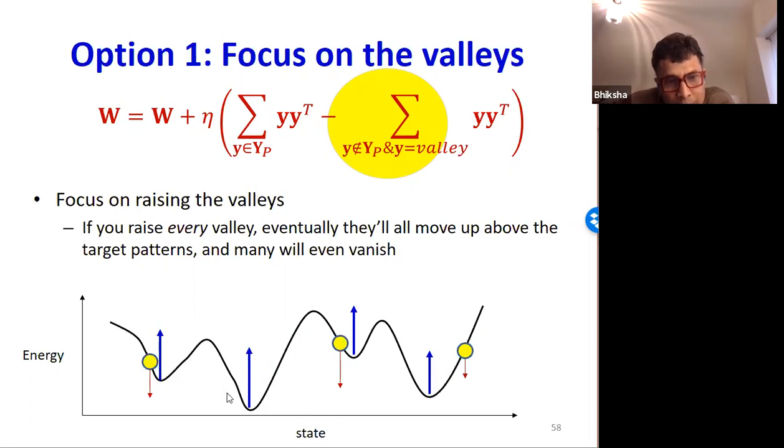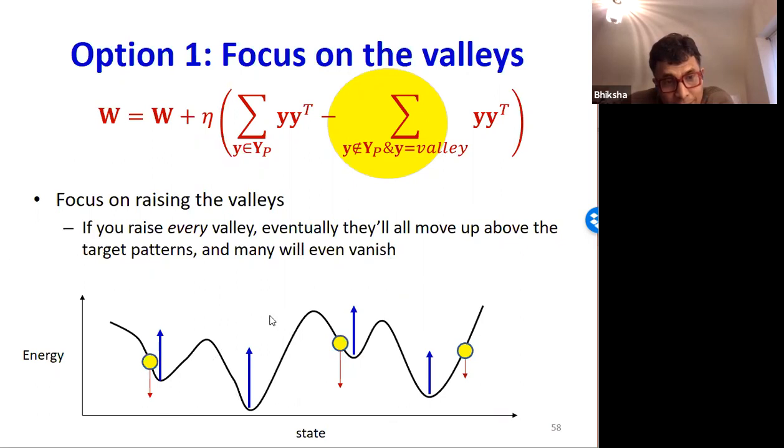So this means you don't necessarily need to go over all 2 raised to n patterns. You can just find the valleys and pull them up. And eventually all of these valleys are going to become higher than your target patterns, and you're going to get an energy contour of the type that you want. Is this making sense, guys? Anyone? Yeah.